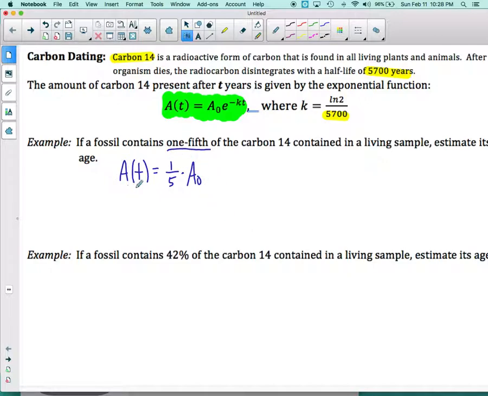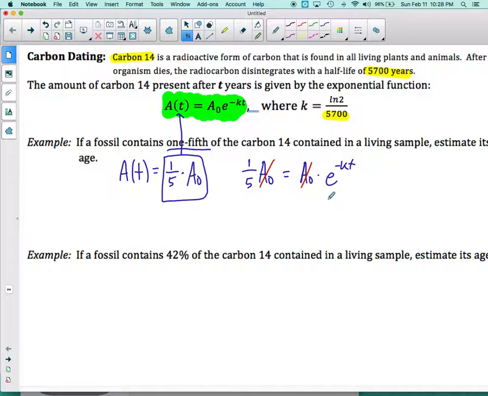What we have here is a way of substituting out A sub t in this formula. So I'm going to take this, and it's going to go right there. So I'm going to rewrite it as 1/5 A naught equals A naught times e to the negative kt. Well, if you notice, there's an A naught on both sides of the equal sign, so those will just cancel.